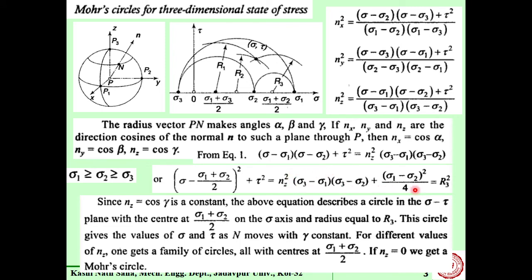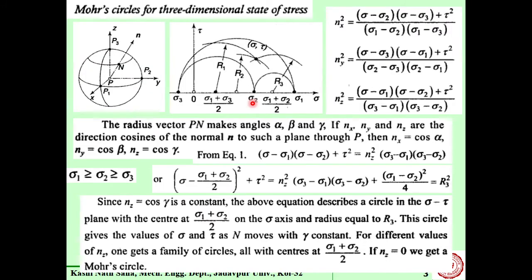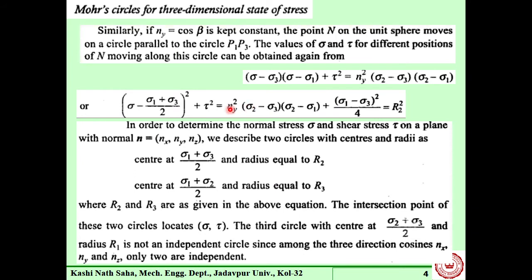Sigma 1, sigma 2, sigma 3 values are known, so we get nz. Clear? Straight away you can find out nz from this equation. Again, say radius R2 is known, then straight away you can find out ny. Now if nz and ny are known, nx is always fixed by the equation nx square plus ny square plus nz square is 1.